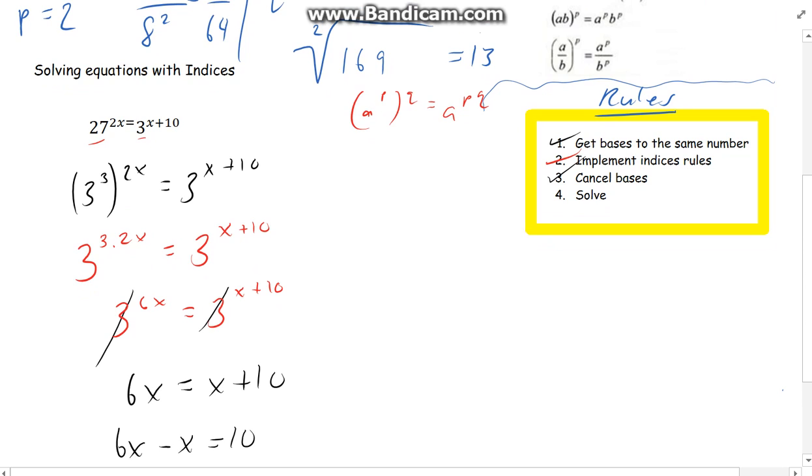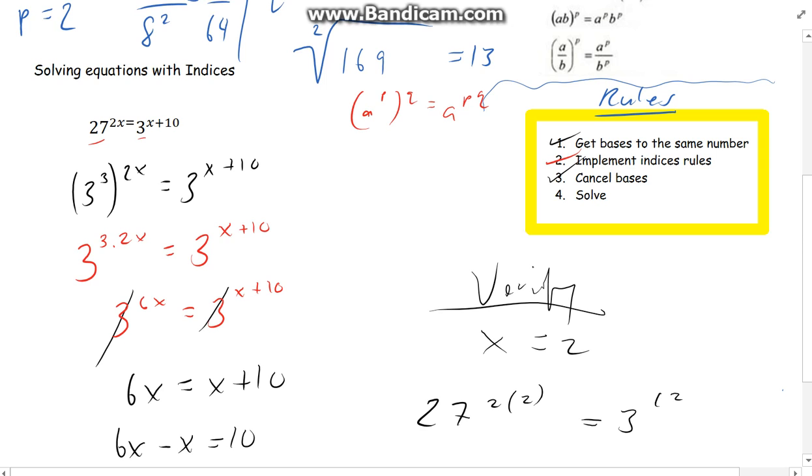In some questions, they may ask you to verify your answer. We know that x is equal to 2, so we'll sub back in x is equal to 2. So 27 to the power of 2 equals 3 to the power of 3 times 2, plus 10.